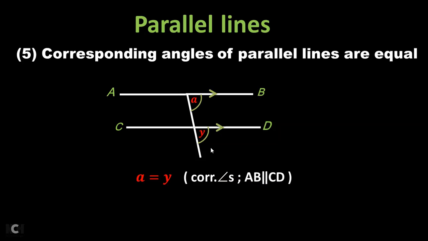Now every time you use this reason, you must make sure that you write down the parallel lines. So there we have line AB which is parallel to line CD. So that is the short and acceptable reason that you can use when you are answering your questions.